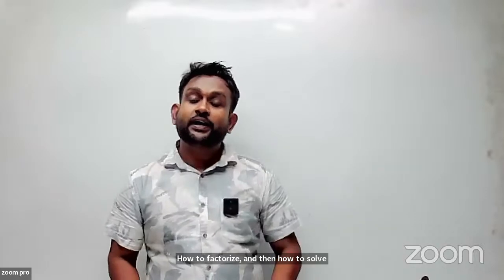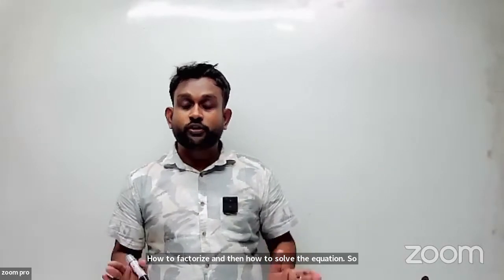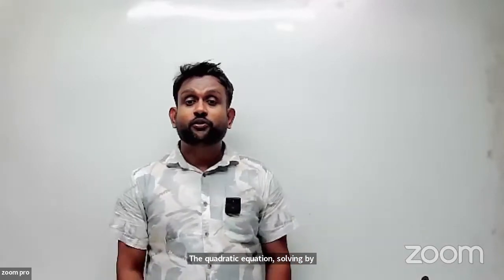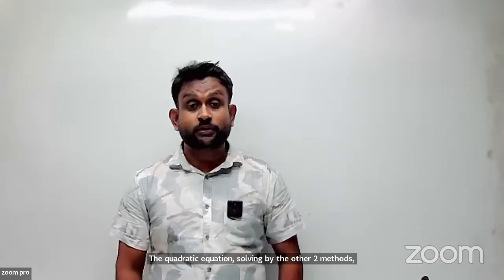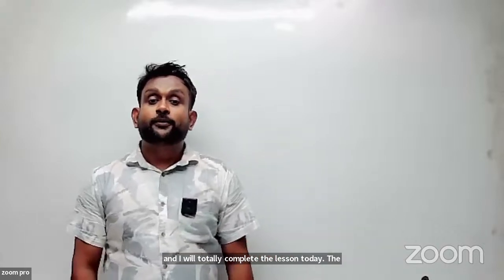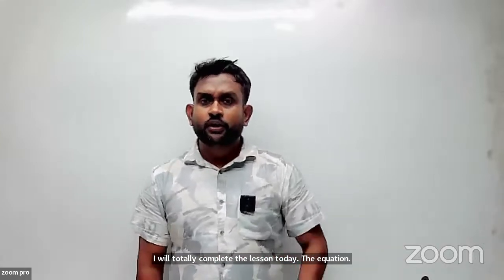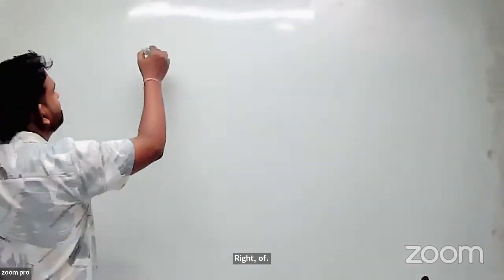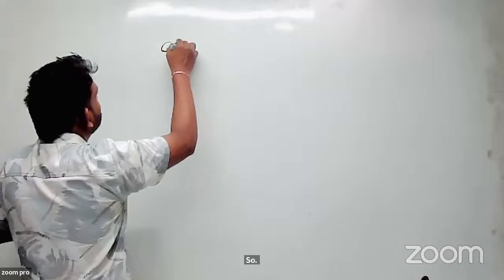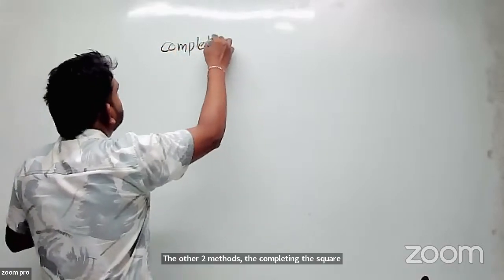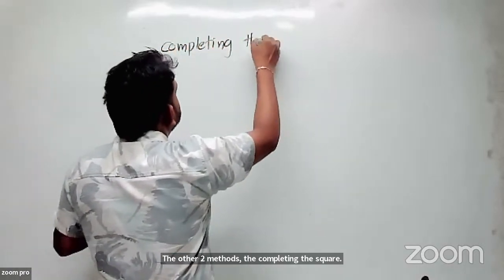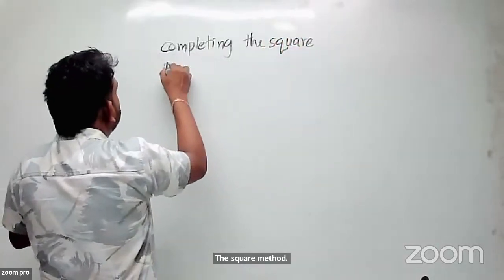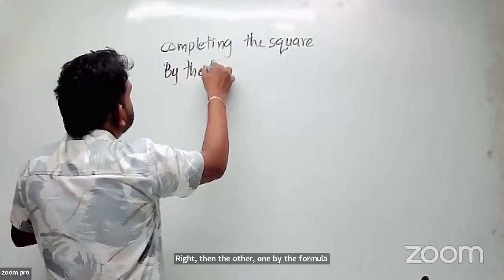Today we are discussing solving quadratic equations by the other two methods, and I will completely finish the equation chapter today. The two methods are completing the square and the formula.